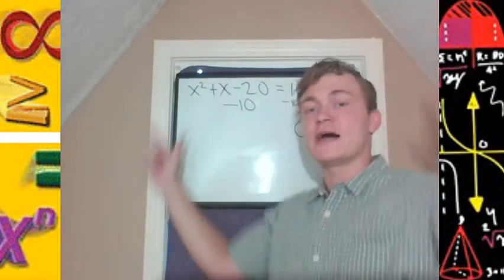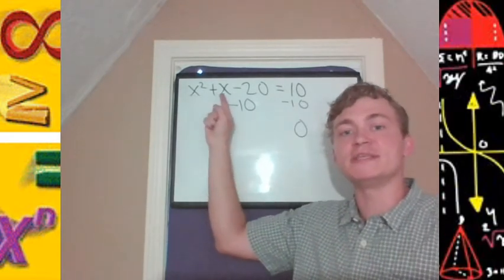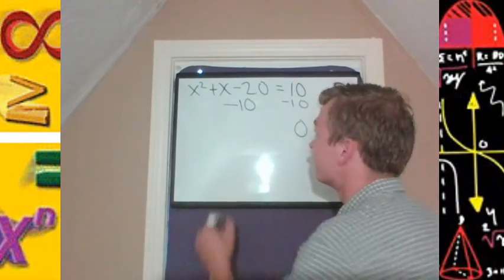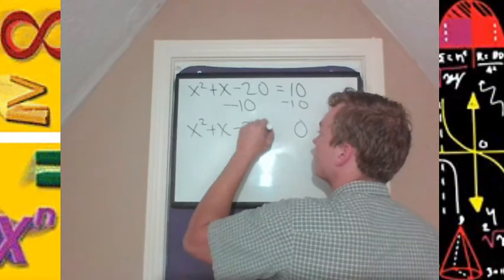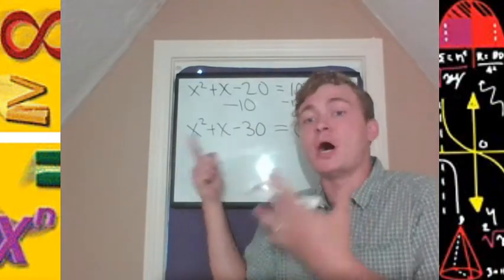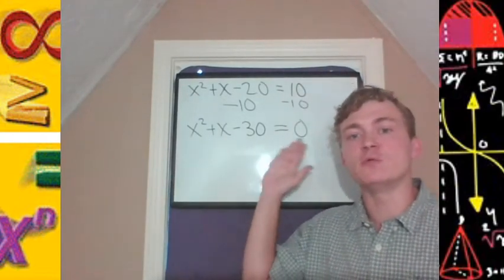I'm doing it to the entire trinomial, but I'm doing it by combining the like terms. X squared plus x, negative 20, negative 10, that's negative 30. So I have my trinomial set equal to 0.